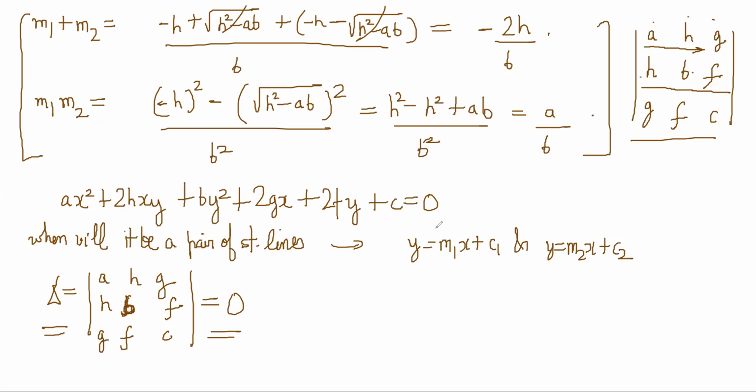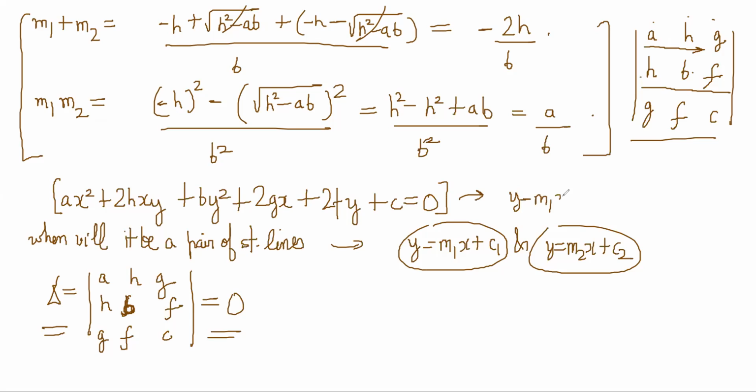What does it mean that two lines will come out? It means that this can be factorized into two linear equations, y minus m1x plus c1 multiplied by y minus m2x plus c2, equal to 0. This is the same equation as this.